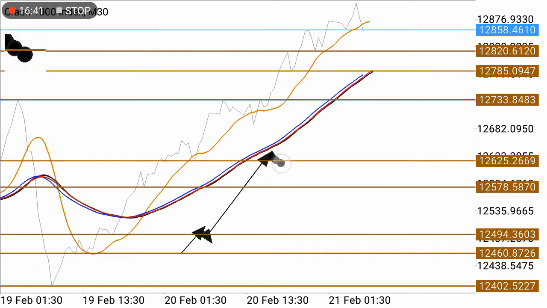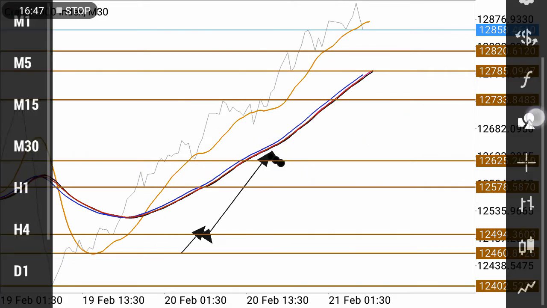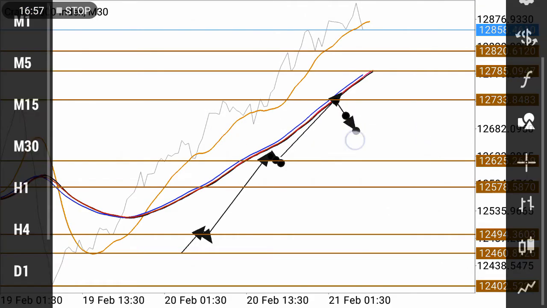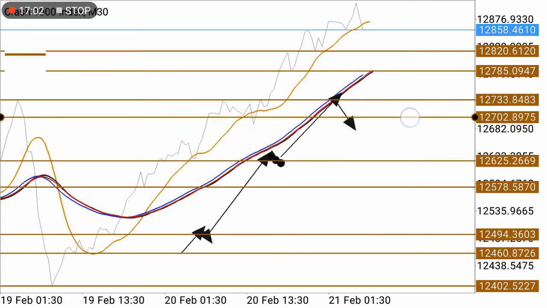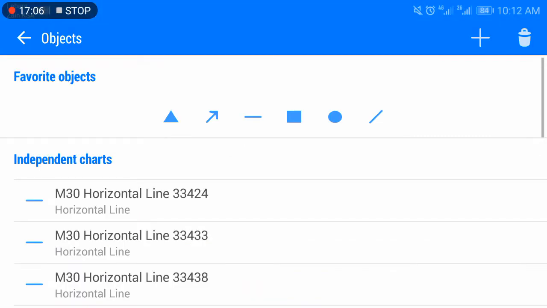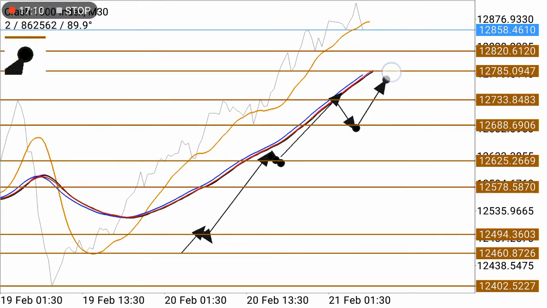A little bit touched this point, and the market went up again, and look, up, and again touched this, a little bit down, and look here.